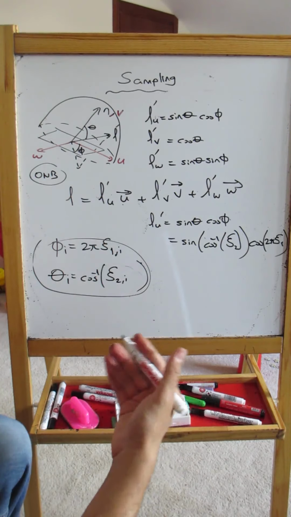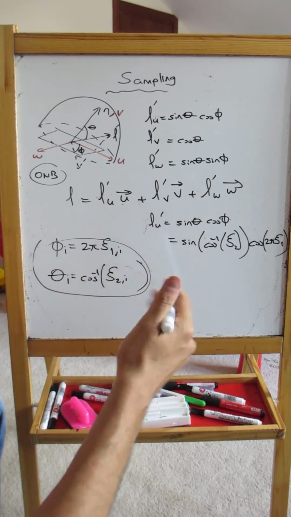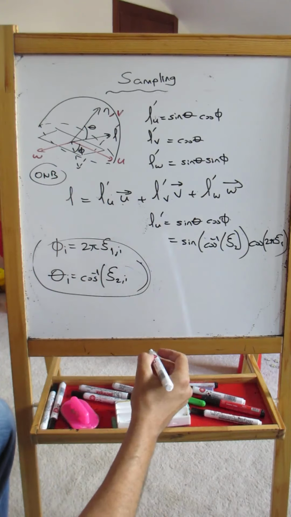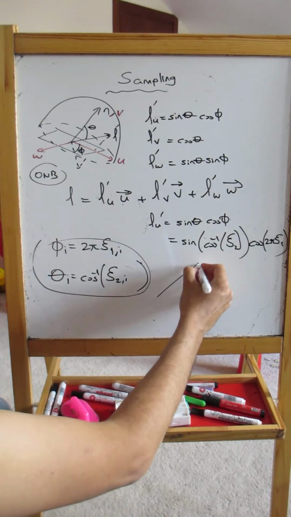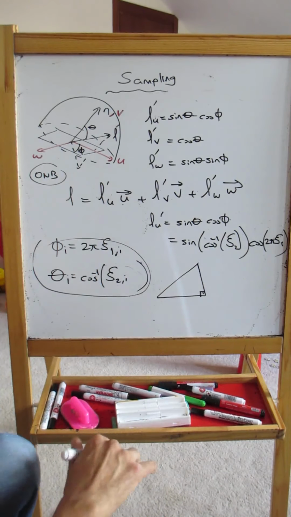Actually, instead of doing this, we can derive a formula for this. Imagine we have a right triangle like this.